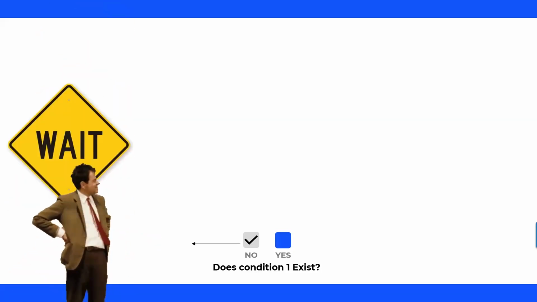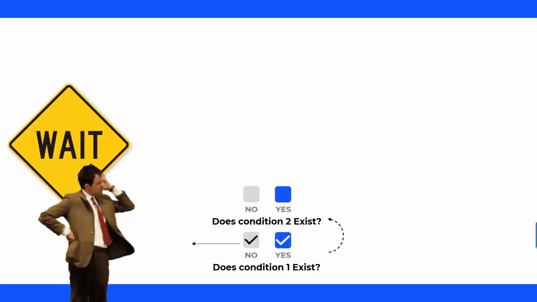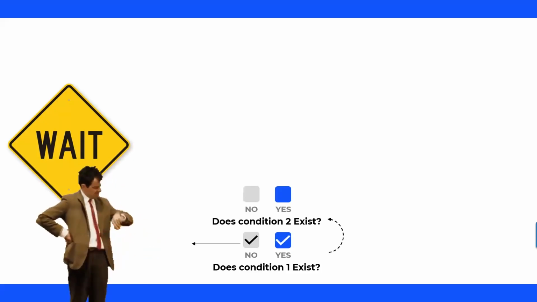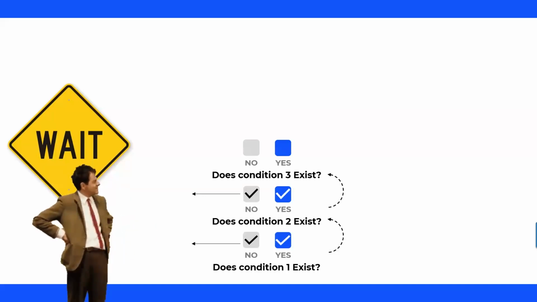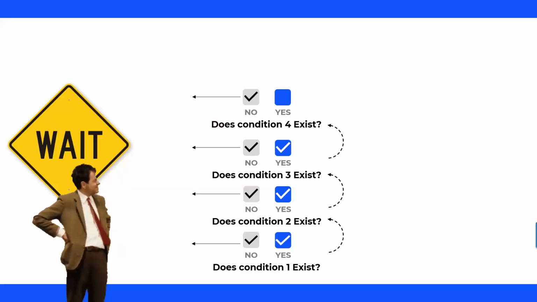We just wait. There's nothing else to do. If it does exist, we start looking for condition number two. Condition number two, does it exist? Nope. Guess what? We stop. We wait. If it does exist, we look for number three, and so on. Right?